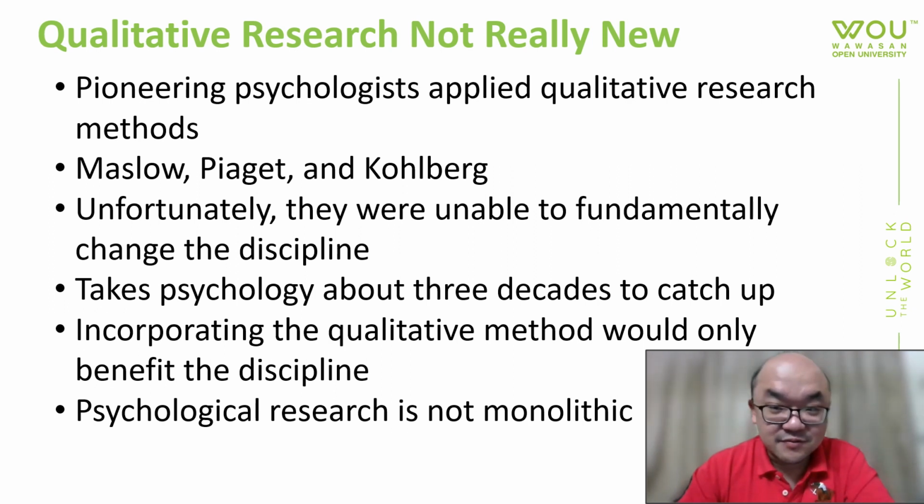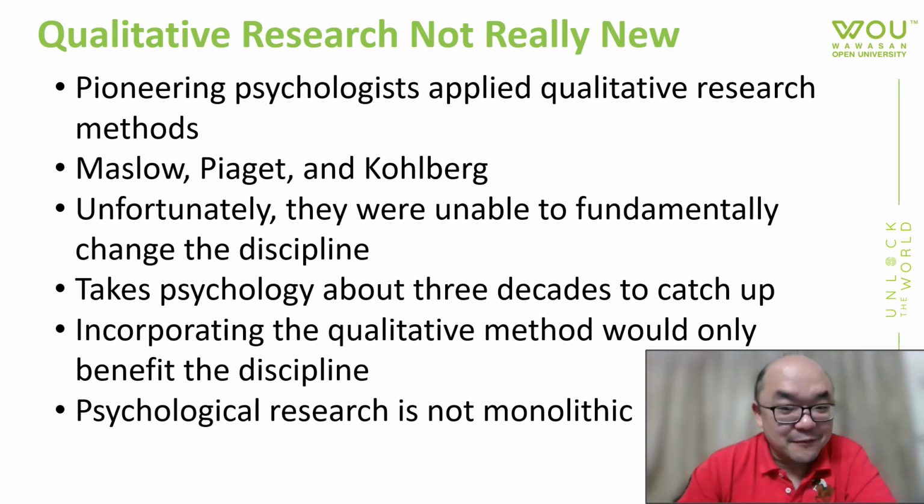So the qualitative research method has been used by really early and pioneering psychologists, but unfortunately, despite this, they were unable to fundamentally change the discipline of psychology to include qualitative research methods or acknowledge their usage. Compared to other disciplines, including social sciences, it takes psychology about 3 decades to catch up.